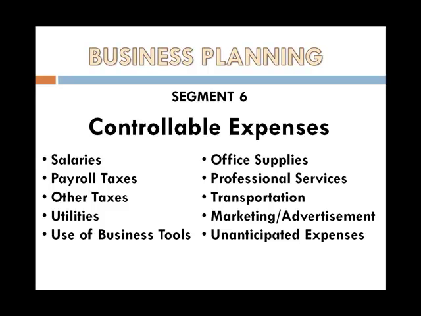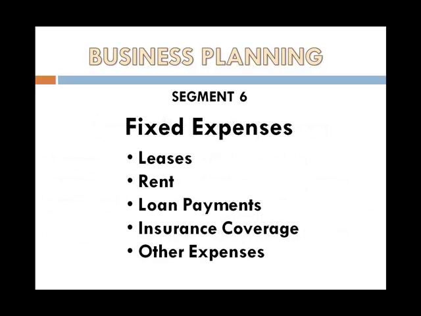And note that the more the business owner recognizes all costs, the more accurate the financial projections of the business plan will be. Fixed expenses are costs that are present each month regardless of any sales activities. These include leases, rents, loan payments, insurance, and other costs that cannot be managed or reduced.